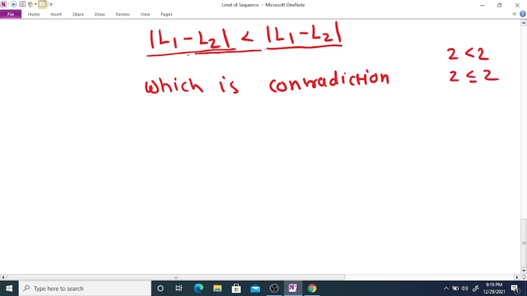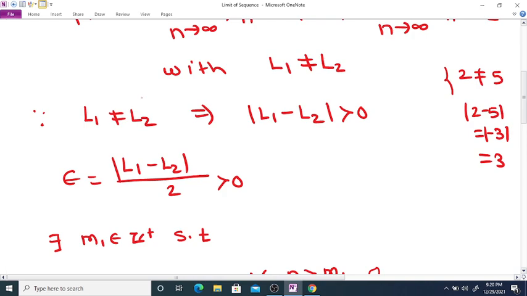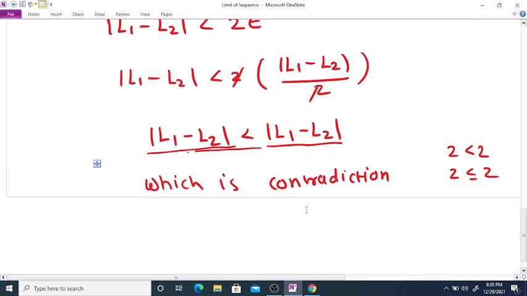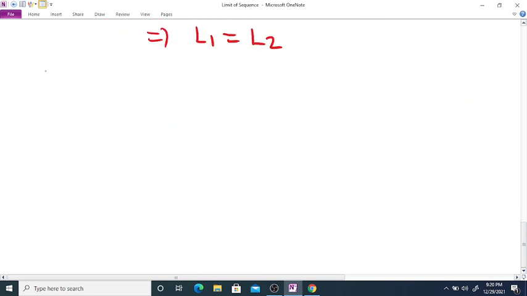We obtain this contradiction because we assumed L1 is not equal to L2, and therefore L1 is equal to L2. From this we can say that a convergent sequence has a unique limit.